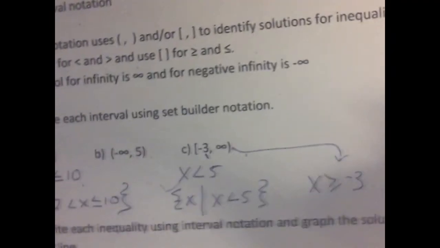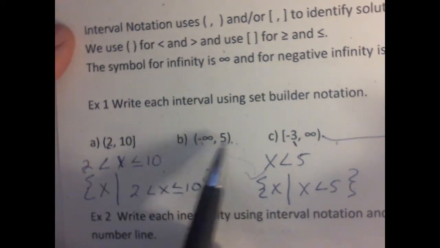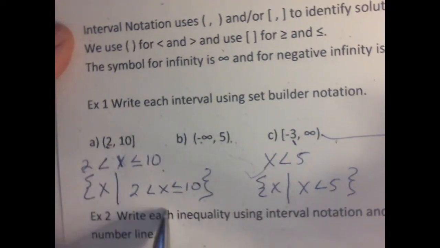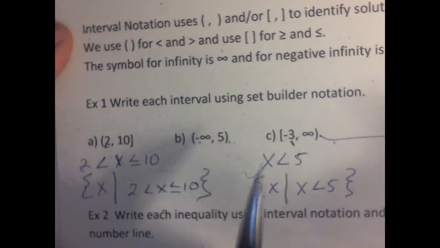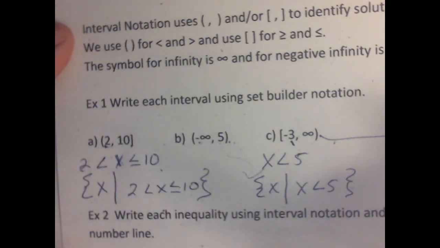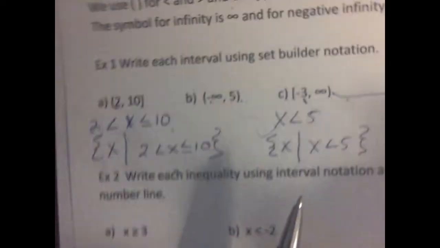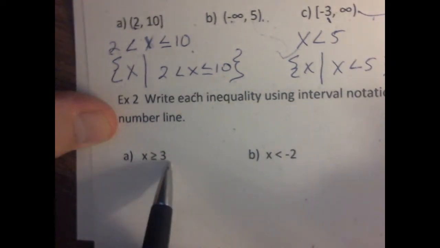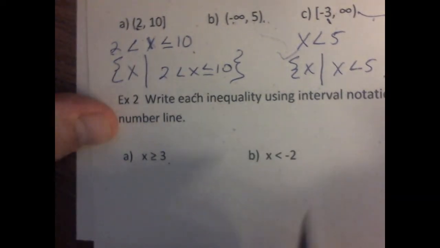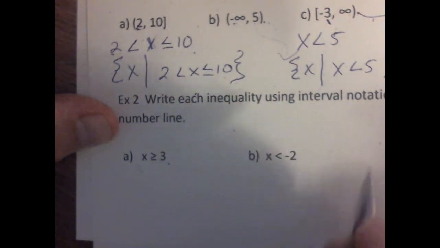So really what you're doing is you're taking these answers that are in interval notation and putting them back to inequalities. So this is your interval notation that I was talking about earlier. Now if I want to work the other direction and take answers in inequalities and put them into interval notation, this is x greater than or equal to 3.